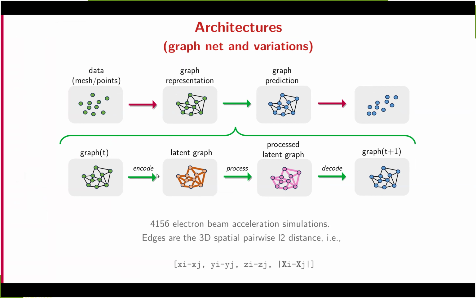We have more than 4,000 beam accelerator simulations, and the way we initialize the GraphNet is by putting on the nodes the state variables, and on the edges, which is very common, for example, for Mesh GraphNet, the signed distance and the Euclidean distance between points.